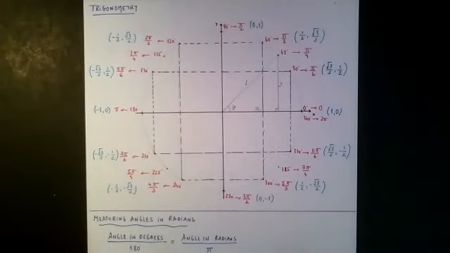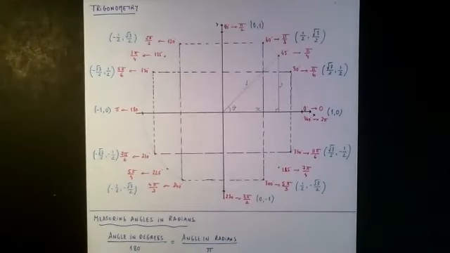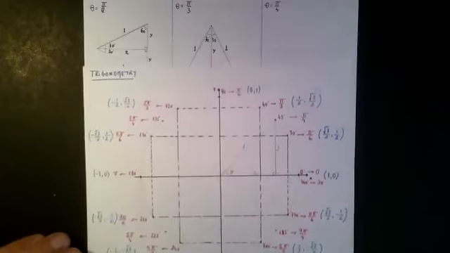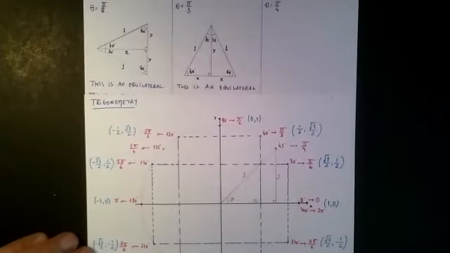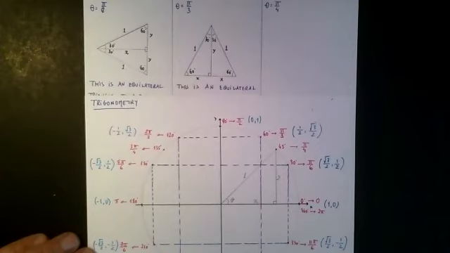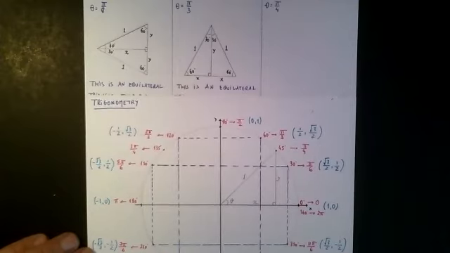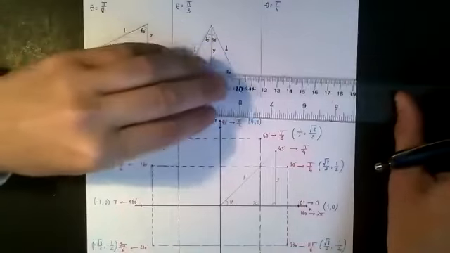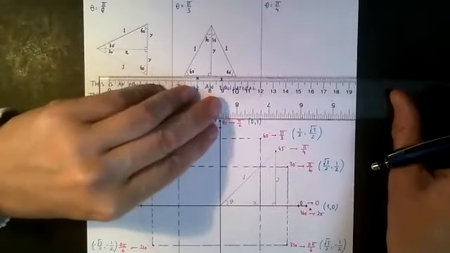Talking about this triangle now. So this one is easier, you'll see. Okay, questions? Am I going too fast? Okay. So let me draw this triangle, let me isolate it.